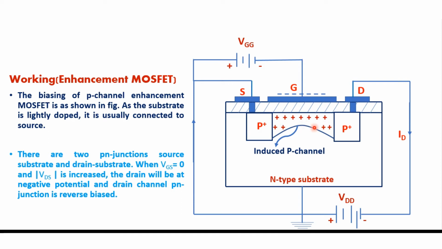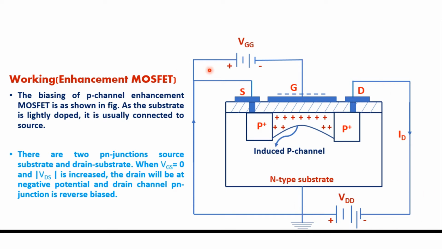So the region between the drain and source now contains a sufficient number of holes, and an electric current, that is ID, now flows between the drain and the source. A larger and larger negative gate voltage attracts more holes near the surface, and this will enhance the current between drain and source.